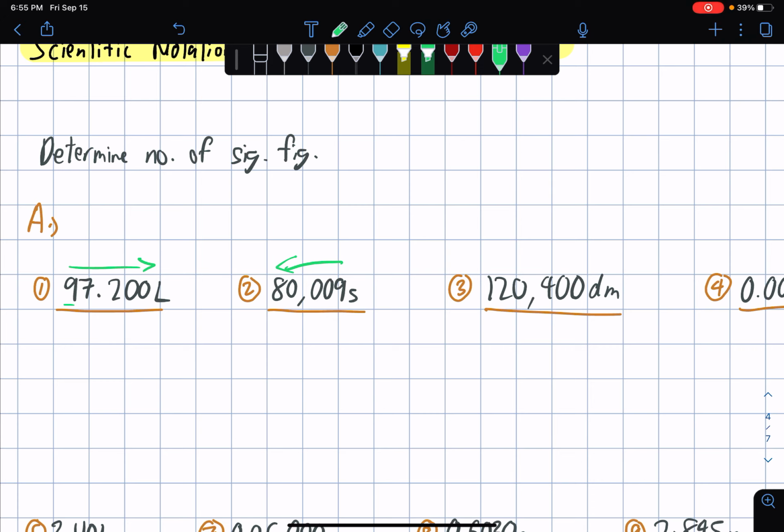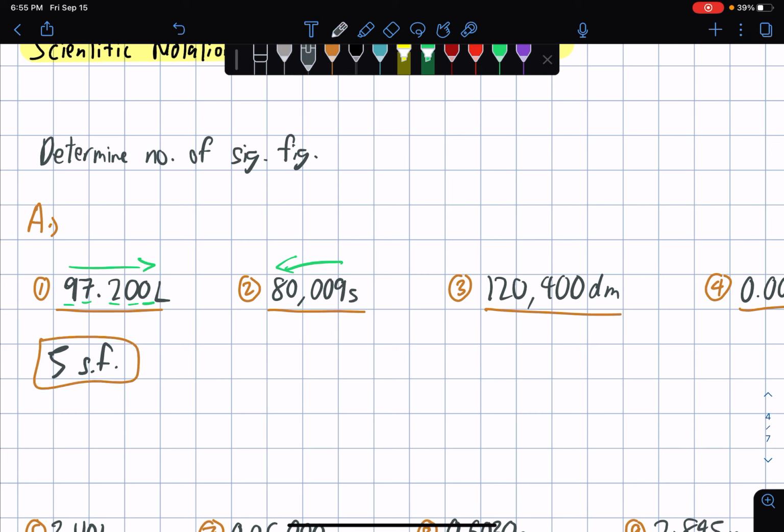And if you have a given with a decimal point, you count everything starting with a non-zero number. At the start, we already have a non-zero number, which is 9. So we count all the way: 1, 2, 3, 4, 5. We have 5 significant figures in the first number.